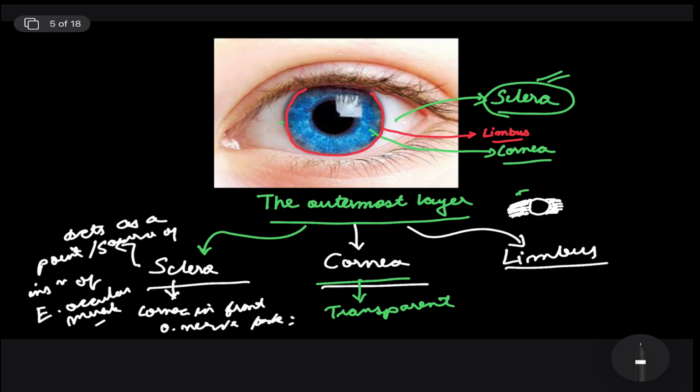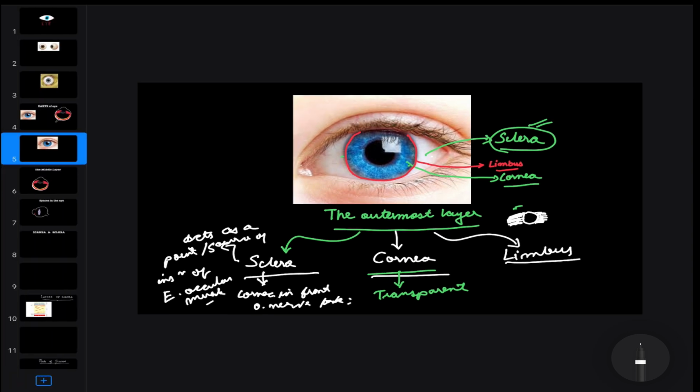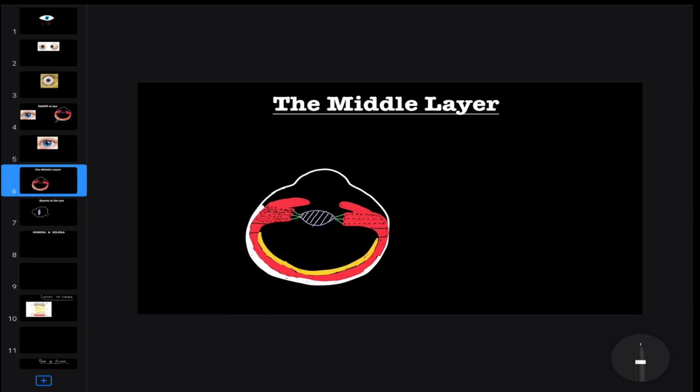Extra means outside, ocular means eye. So these muscles are not a part of the eyeball as such, but rather they insert into the eyeball at different points. We'll look at them in great detail later. Where exactly do they insert in the eyeball? In the sclera. So this is another function of the sclera. Done? Done.